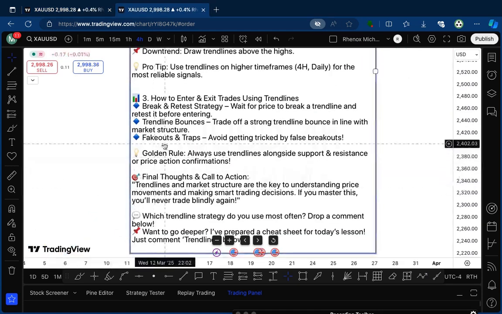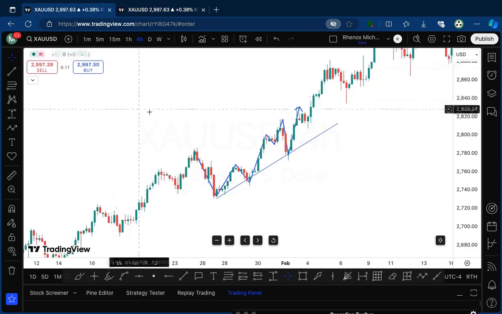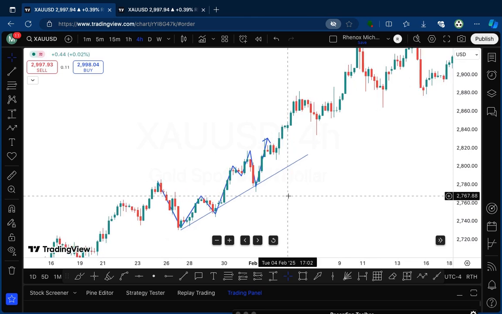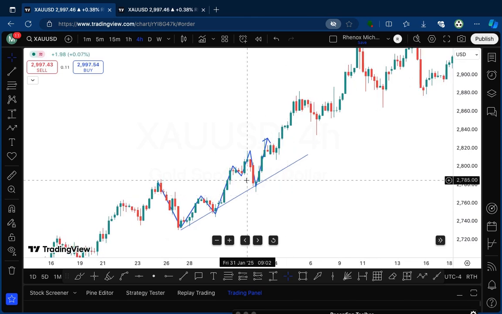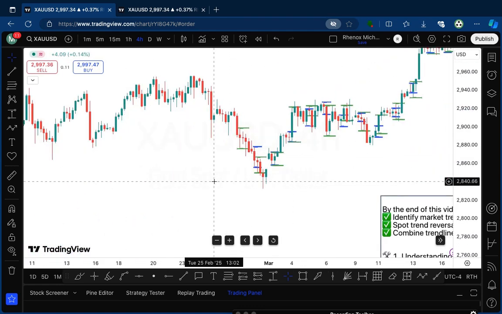now for fakeouts and traps, you need to avoid getting tricked by false breakouts. There are times whereby price comes to your trend line, but then that comeback is a false comeback, causing a breakout of the trend line, like what happened in the last example we did here.